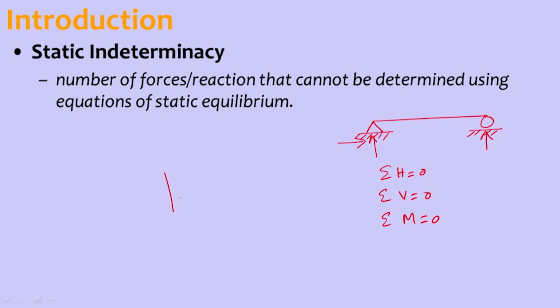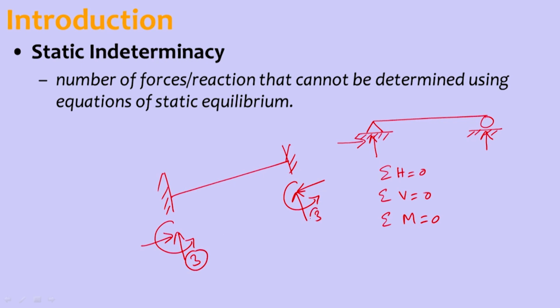Whereas if we take a fixed beam, we have a vertical reaction, a horizontal reaction and a moment here, and again a vertical reaction, a horizontal reaction and a moment at the other end. So three unknowns are here and three unknowns here.